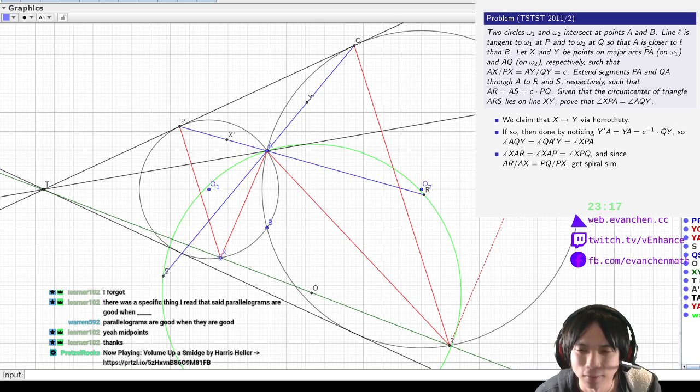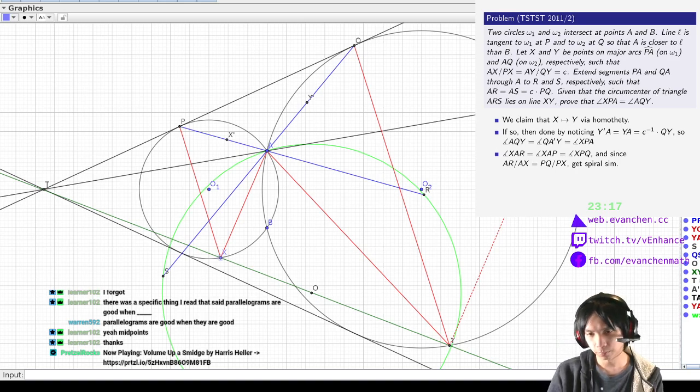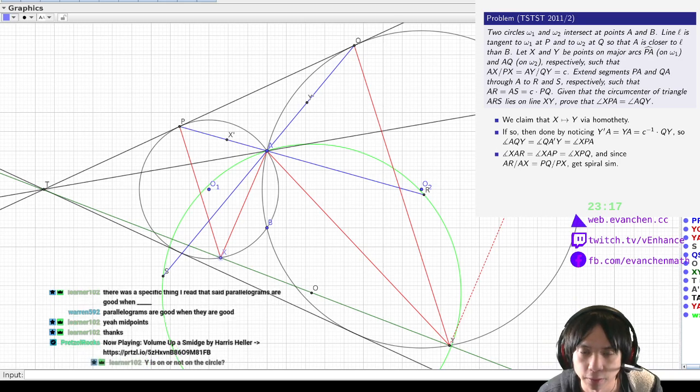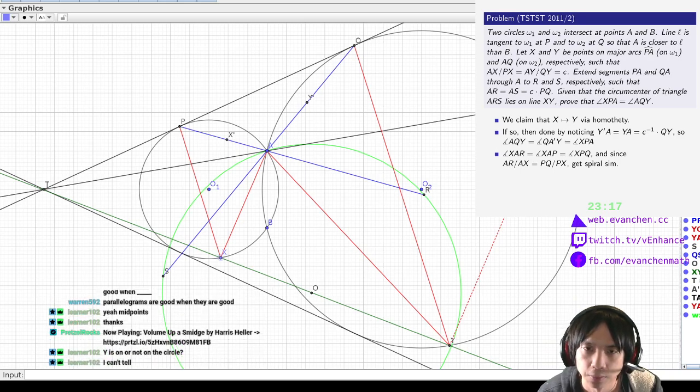What is AX? I know there's this spiral here, and I don't know how I can use that to get something. XAR. Like I have control over either triangle XAR or triangle XQR. Maybe AR is better. I can say like the perpendicular bisector of AR or something. It's rotated from the perpendicular bisector of PQ.